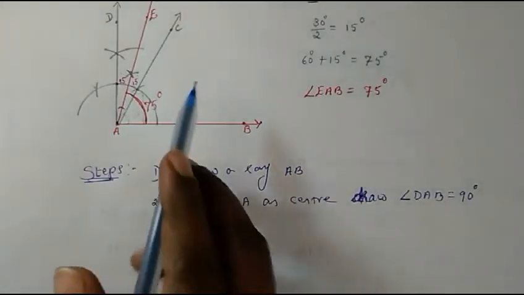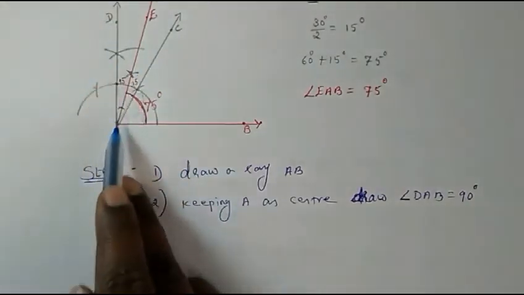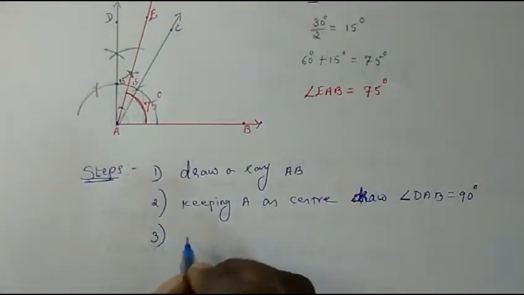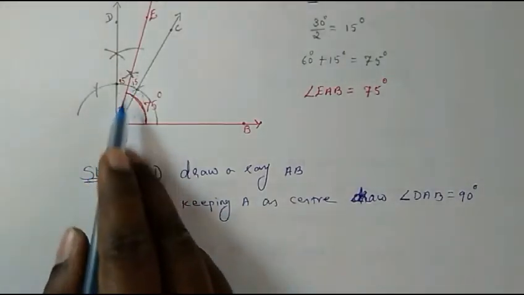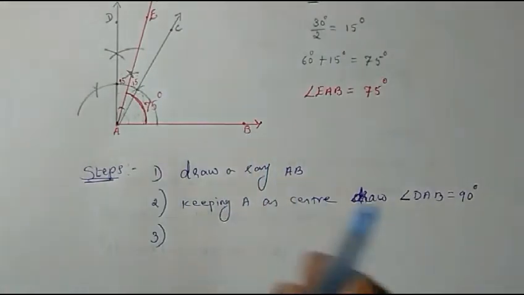Then we also have to bisect this angle DAC. Okay, also we have 60 degree, right? So that also we can say angle CAB.